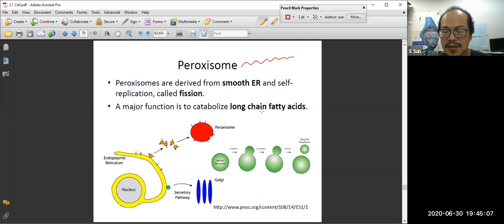Sometimes a long chain can be more difficult for our digestive process to break apart, so the peroxisome can conduct that function. Peroxisome can also be produced by fission, like one peroxisome can be split into two. So the production of peroxisomes can come from the smooth ER or from the fission of a single peroxisome.